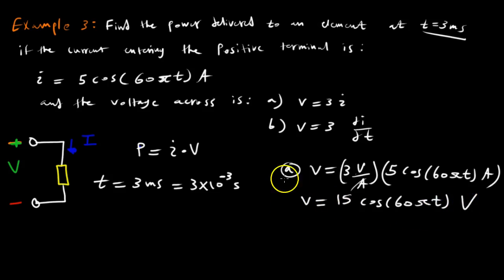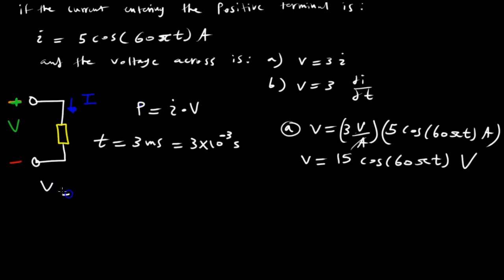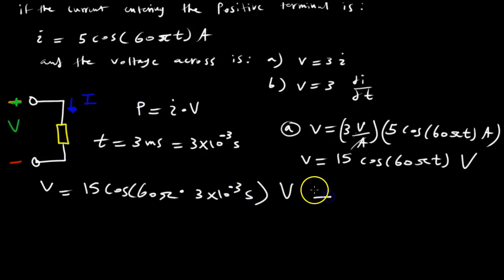That is my voltage for part A. My time is 3 milliseconds, so plugging that in, the voltage is 15 cosine of 60 pi multiplied by 3 times 10 to the negative 3 seconds volts, which we can plug into the calculator, making sure it's in radians, otherwise you're going to get a different weird answer.